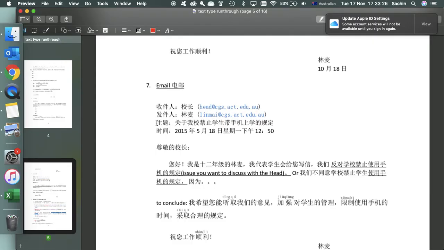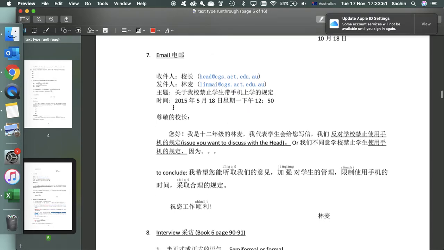And then always got to include the subject of an email. So this is where you put your issue. In this case, it's about the school prohibiting the students from bringing their phones in class. And on the time, you just make up a year, month, day of the week, and then time.